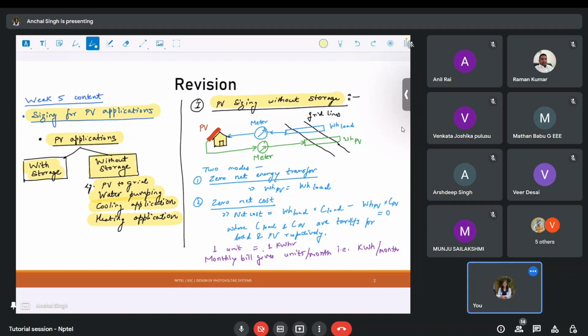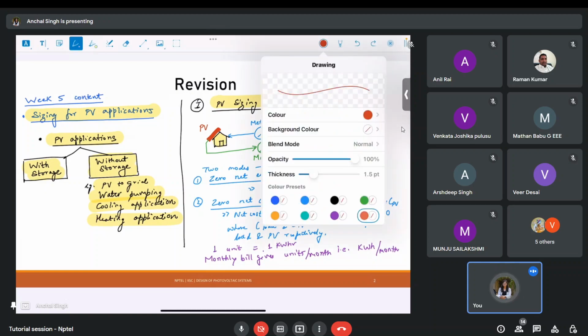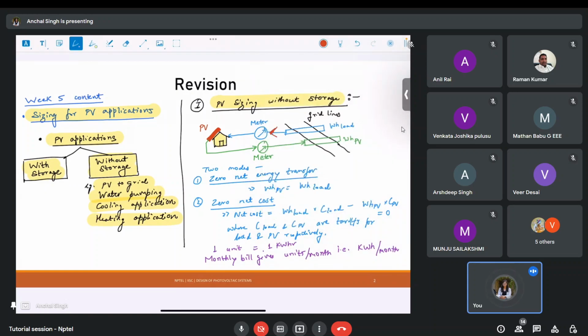That means in one direction, I am taking power from the grid, that is the blue line, and in another part, I am pumping the power into the grid. That means if WH load is the watt hours of the load that I am consuming, and WH PV is the watt hours of the PV that I am pumping into the grid, then the net energy I am consuming is WH load minus WH PV, right? So this is the net energy that I am consuming.